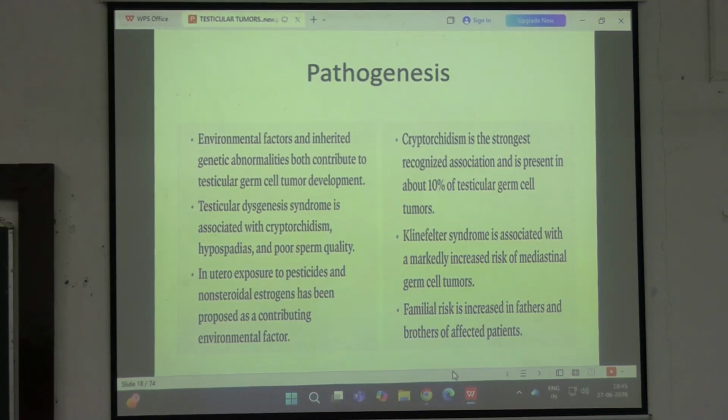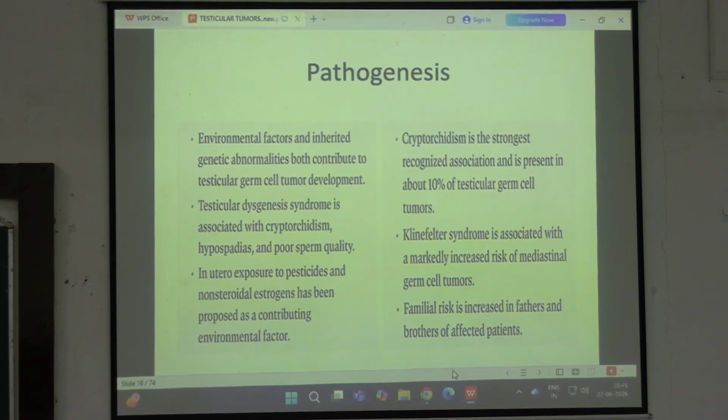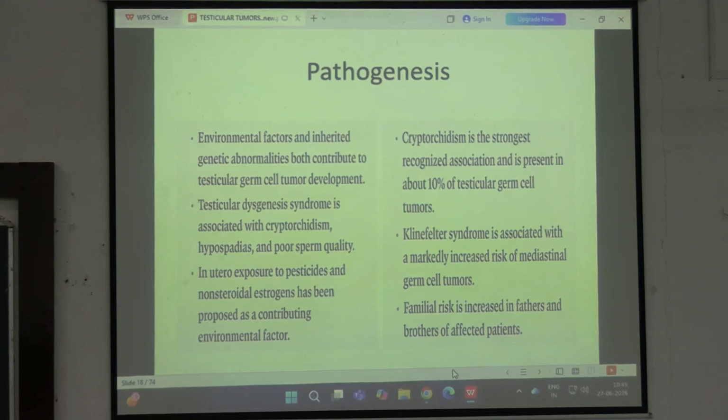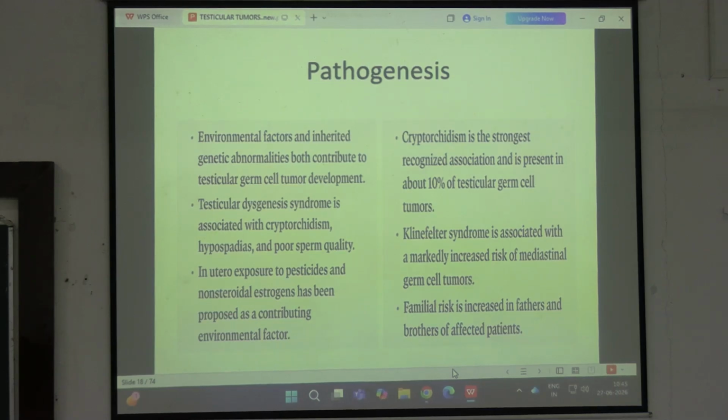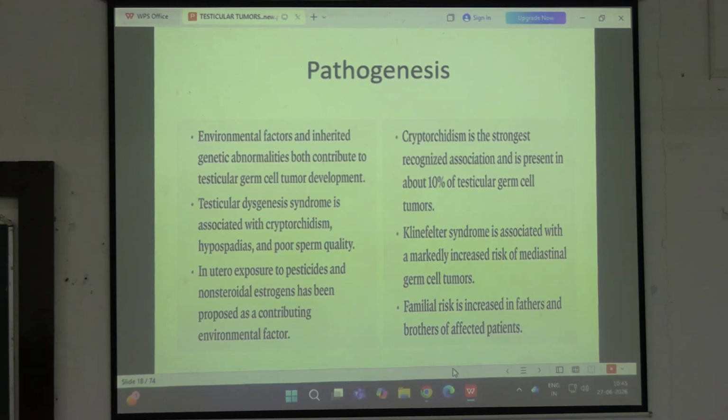Did we discuss cryptorchidism or not? So what other abnormalities are related to testicular tumors? Cryptorchidism, hypospadias, and poor sperm quality. Cryptorchidism and hypospadias, yes, but poor sperm quality is an incidental finding.